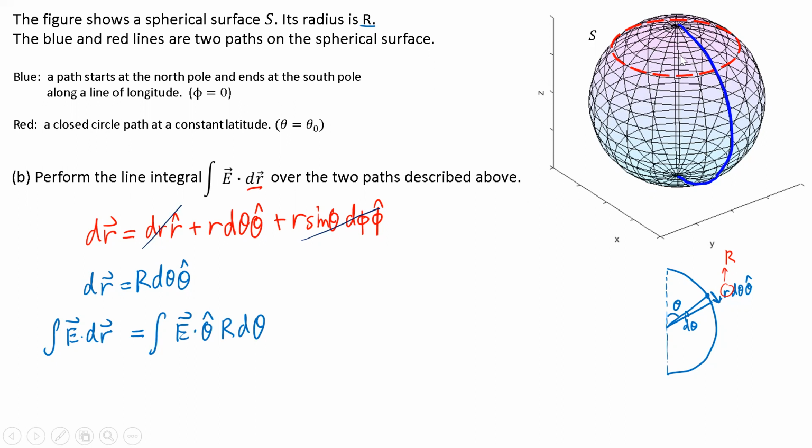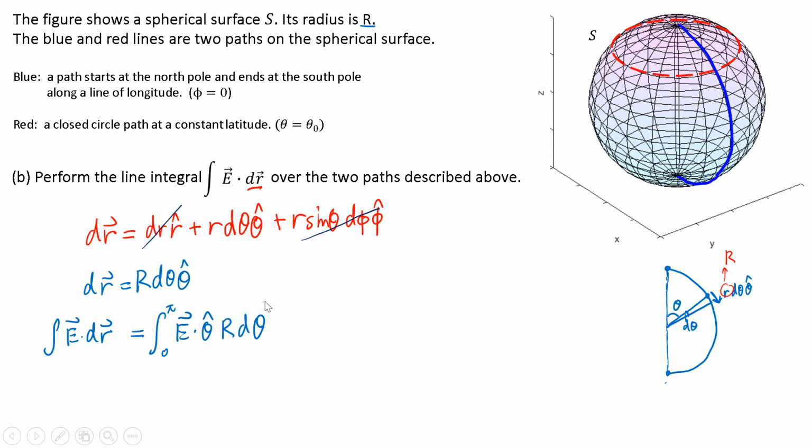What is the initial value of theta? Initially you are up here at the North Pole, so of course the initial value of theta would be 0. And finally, at the end point, you're at the South Pole, so at that point your theta value is pi.